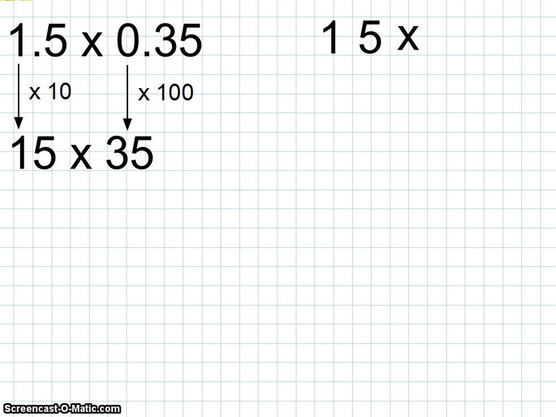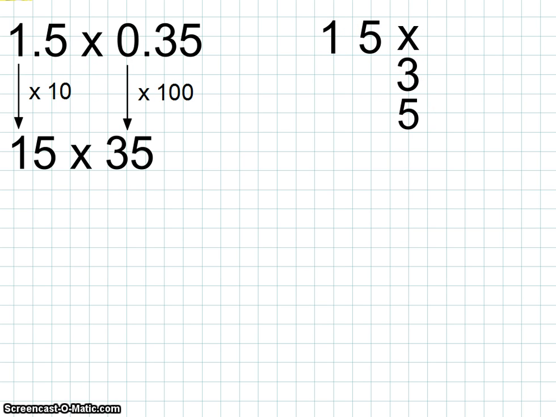The 3 is actually going to come underneath the multiplication symbol. Now you might be feeling, wow, that is a bit different, or that's kind of new. And the 5 goes underneath the 3. So this is how we're going to write the question 15 times 35.